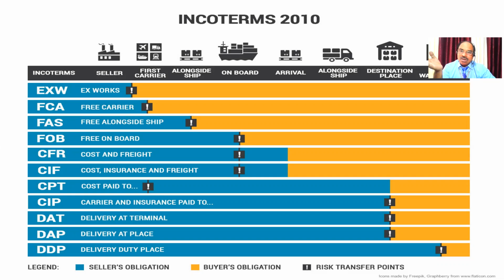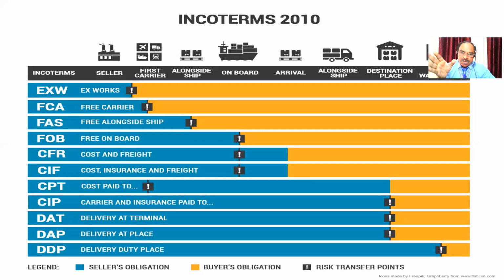From the bonded warehouse, it is the duty of Melvin to take care. So usually India will take risk up to the harbor in Canada. After that, India won't take the risk, even though the goods will be unloaded in the bonded warehouse.